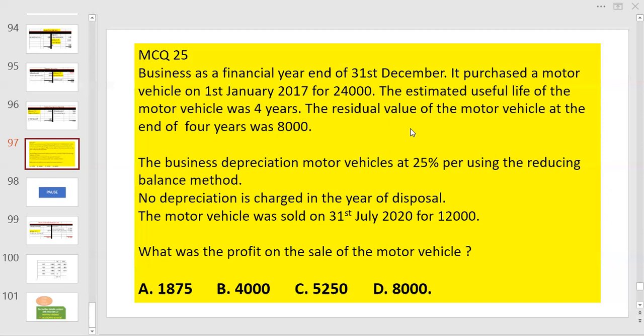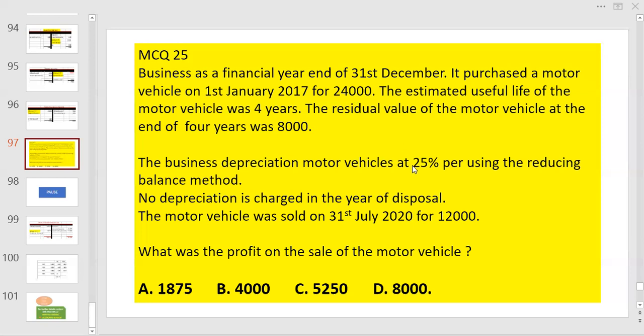In four years' time, the value of the asset will be totally eliminated. So if you have a residual value, what we usually do is we reduce the residual value and calculate the depreciable value of the asset as 16,000, and we provide depreciation for 4 years for that 16,000.